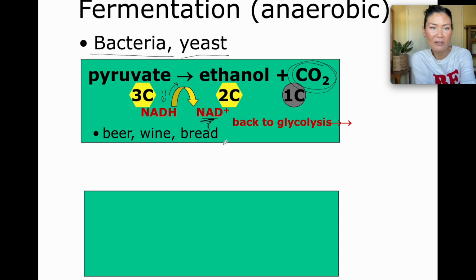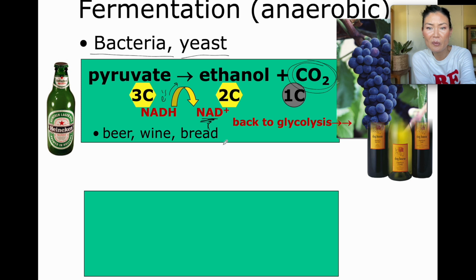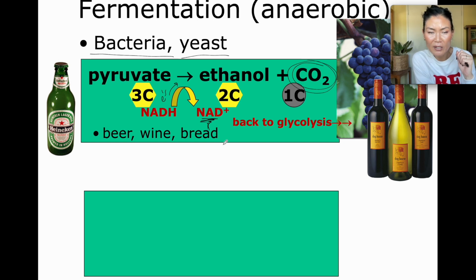Humans also use bacteria and yeast for the purpose of making beer, wine, and bread. When you slice into bread, you see all the little pockets, the empty air pockets. Where did they come from? It's the CO2.